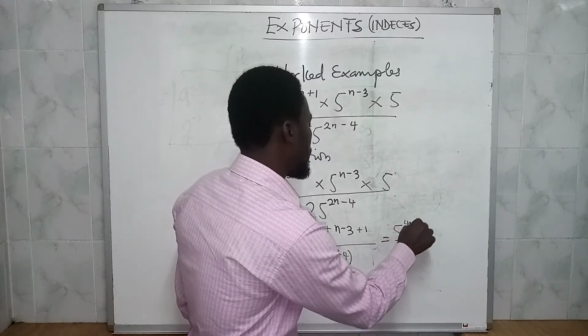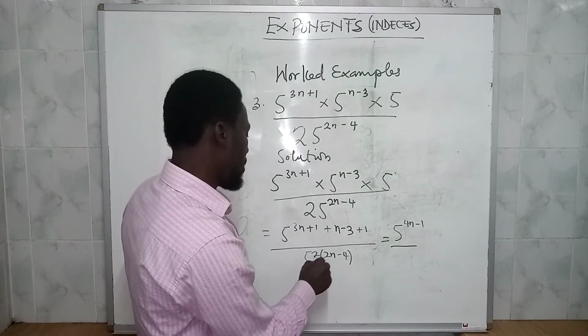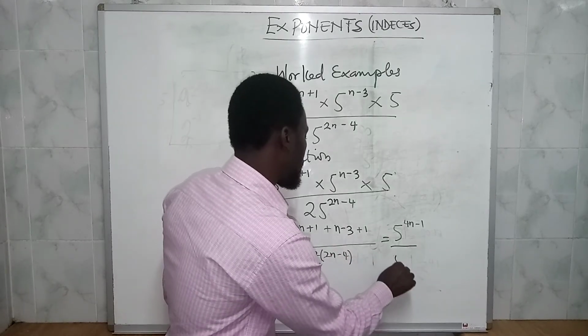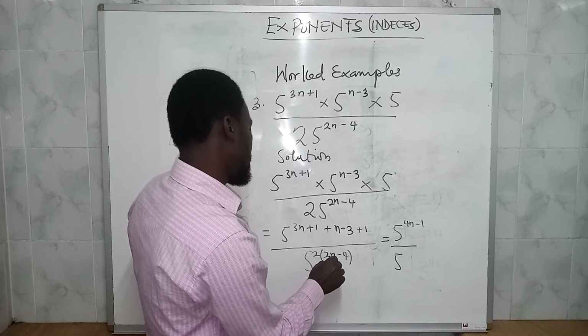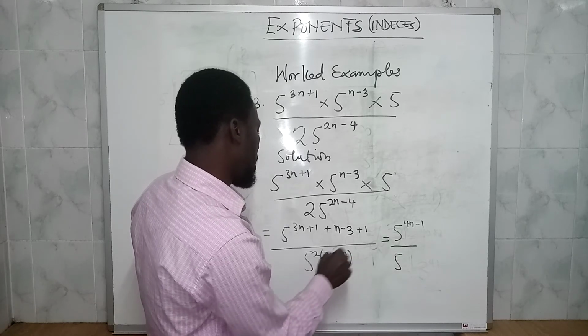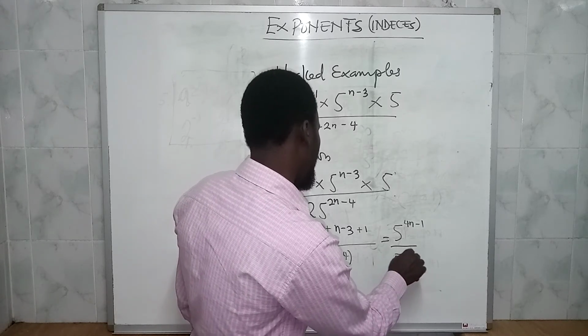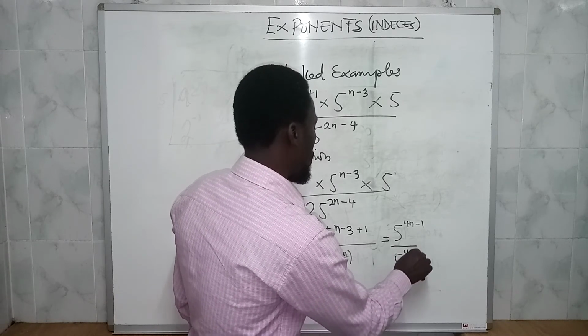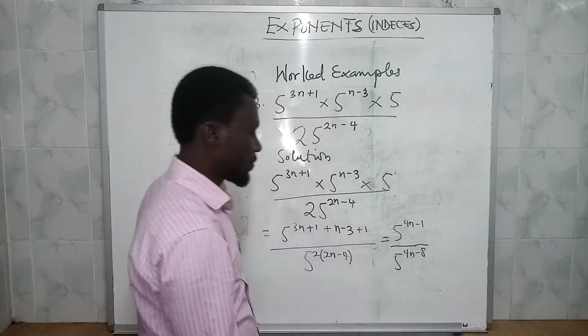So this will give us 4n minus 1 here. All over, we multiply out: 2 times 2n gives us 4n, then minus 2 times 4 gives us 8. So this will give us 5 raised to the power 4n minus 8.